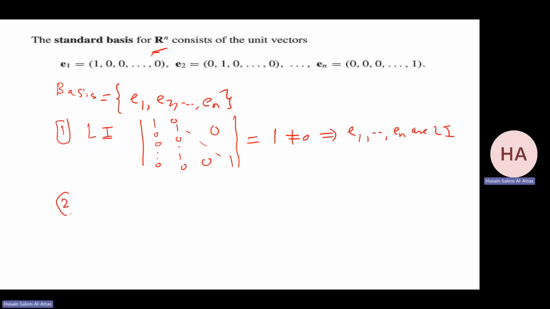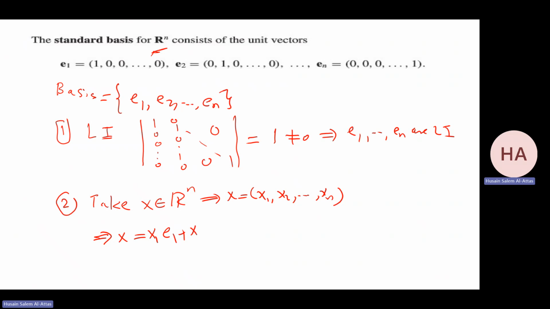Not only that, take any vector x belonging to Rn, which means x is x1, x2, up to xn. Then this x can be written as x1 E1 plus x2 E2 plus up to xn En.